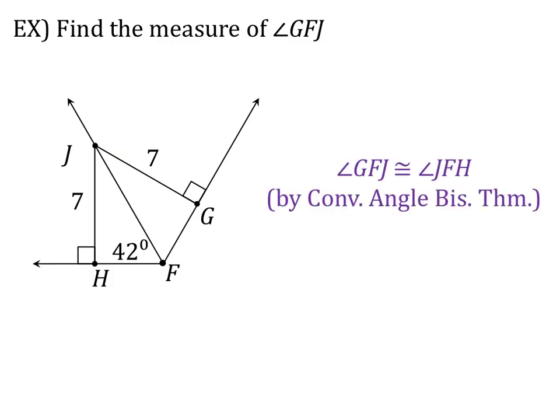So that must mean that angle GFJ is congruent to JFH because FJ is our angle bisector using the converse of the angle bisector theorem. And so if we know that these two angles are congruent and we're looking for GFJ, then we know it is equal to JFH. So the measure of angle GFJ is equal to 42 degrees.